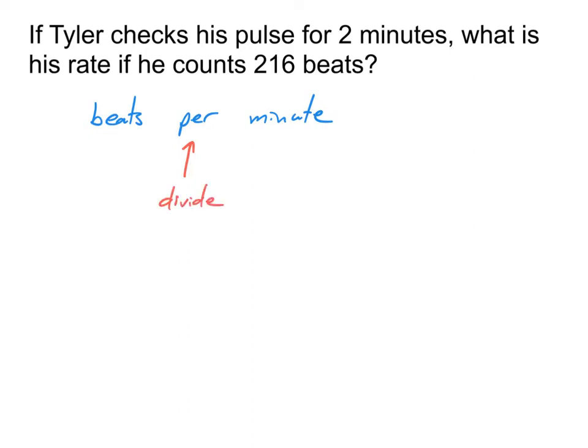So in order to figure this out, we are going to do the 216 beats divided by the 2 minutes. If I do 216 divided by 2, that gives me 108. And therefore, my answer would be 108 beats per minute.